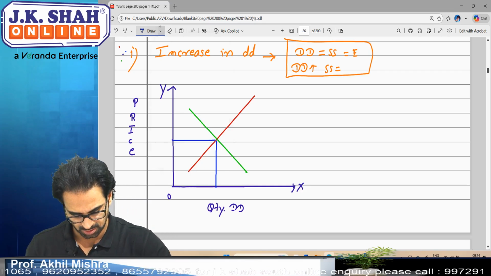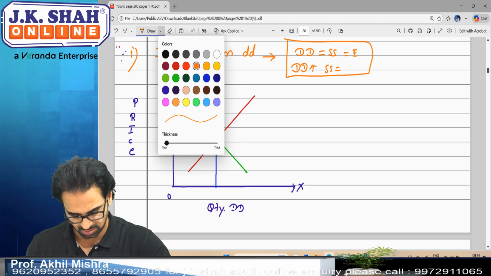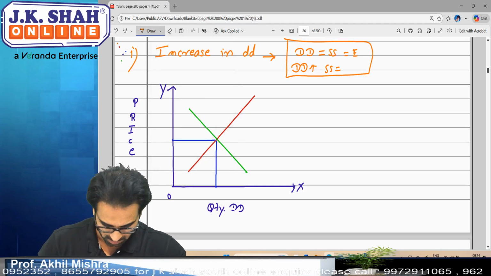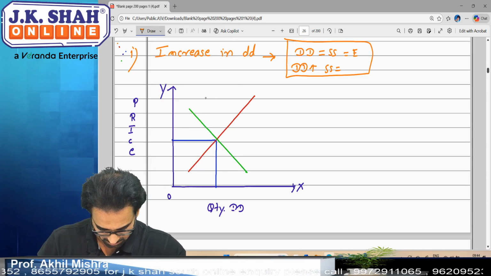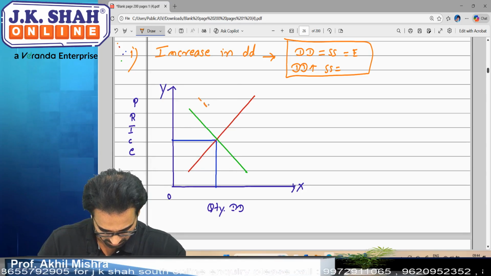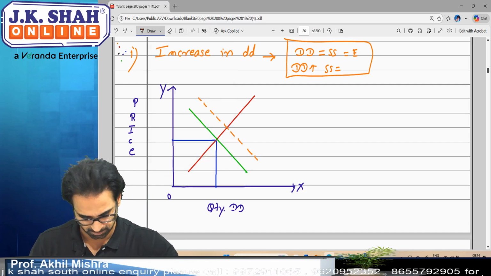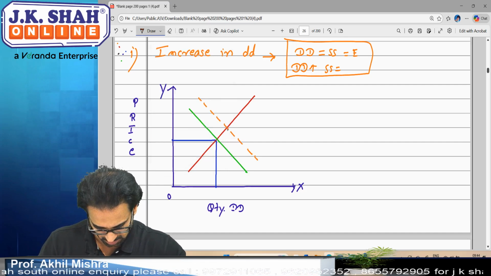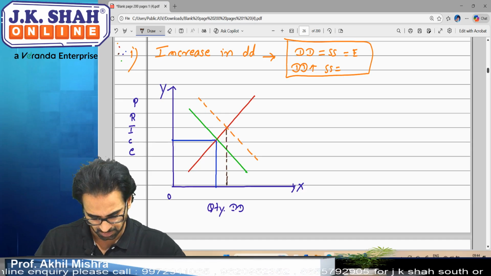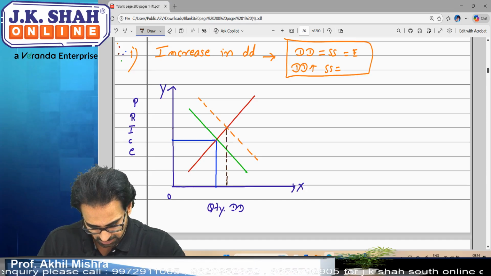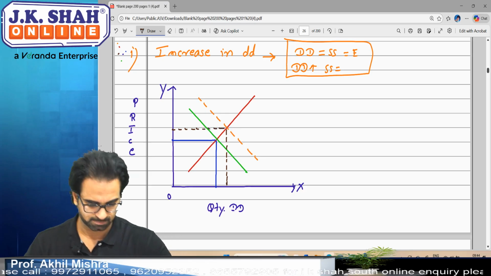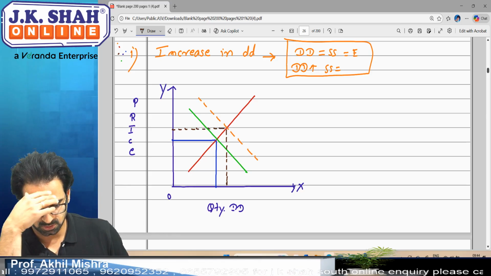Now it says demand shall increase, right? Increase in demand. Demand increase means, of course, the quantity demanded will increase. Increase means the right hand side, and the price of the product will also increase. This is called increase in demand.